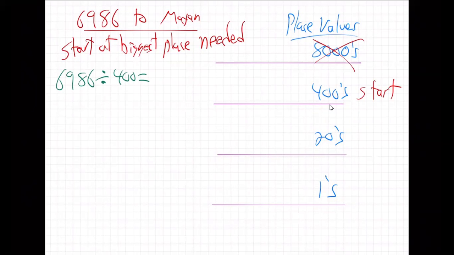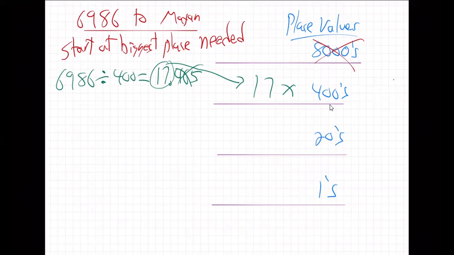That's what we're trying to figure out, right? So I take my calculator, which is not my cell phone, and I divide, and I get 17.465. I don't care about the decimal. I just grab the 17 and we need 17 400s. That's how many times 400 goes in there, 17 times.